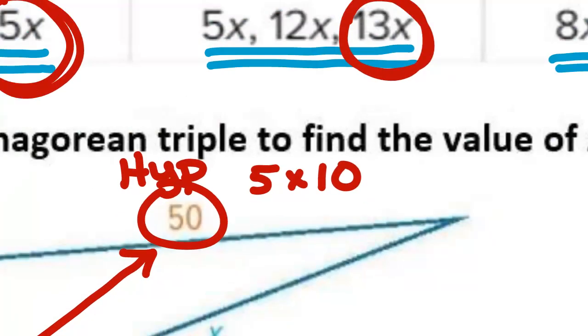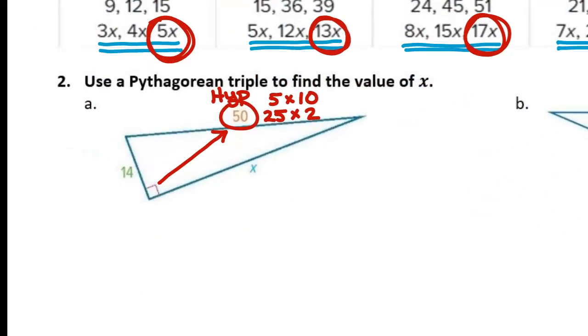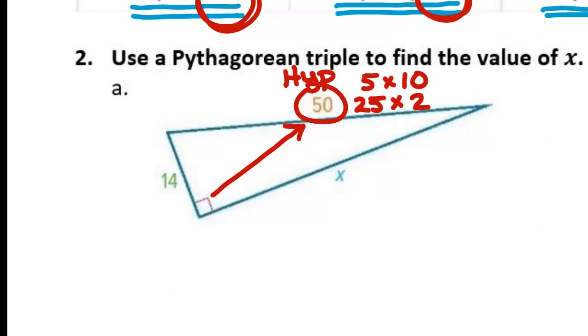So this is either 5 times 10, or is 50 a multiple of 13? Is it a multiple of 17? Is it a multiple of 25? What times what would give me 50 here if it's a multiple of 25? Yes, 25 times 2.